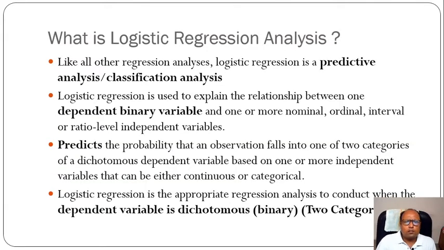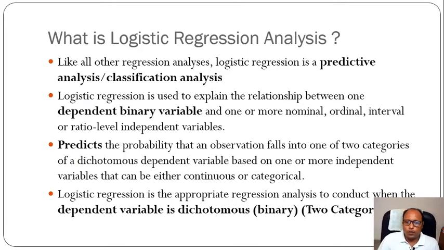So what is logistic regression analysis? Like all other regression analysis, logistic regression analysis is also a predictive analysis. It means it is used for predicting. It is also known as classification analysis because it helps us in classifying the respondent into two categories, a kind of group. Logistic regression analysis is used to explain the relationship between one dependent binary variable.